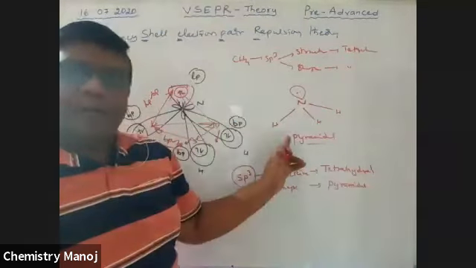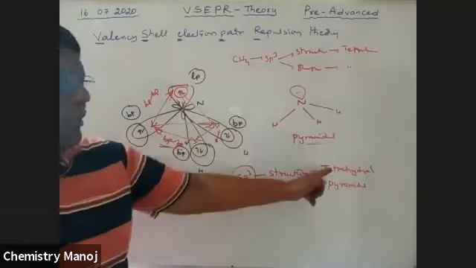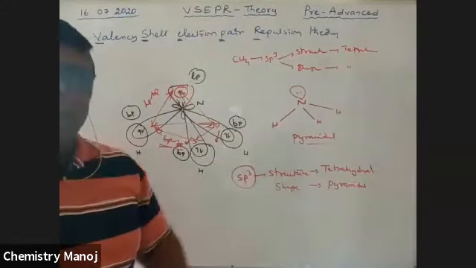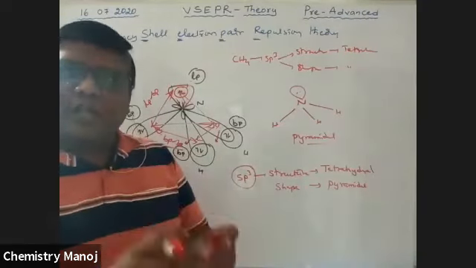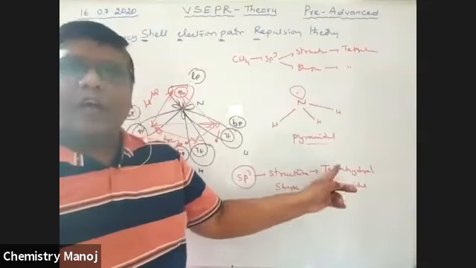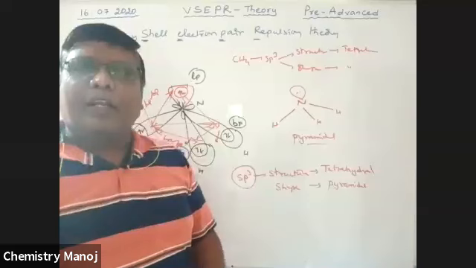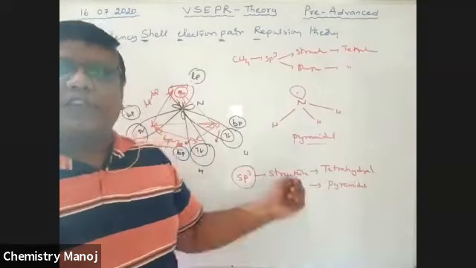But in the ammonia molecule, the structure is tetrahedral and the shape is pyramidal. Shape means the finally existing one. Structure means the one we initially expected. Initially we expected tetrahedral, but the finally existing one is pyramidal. That final one is the shape.